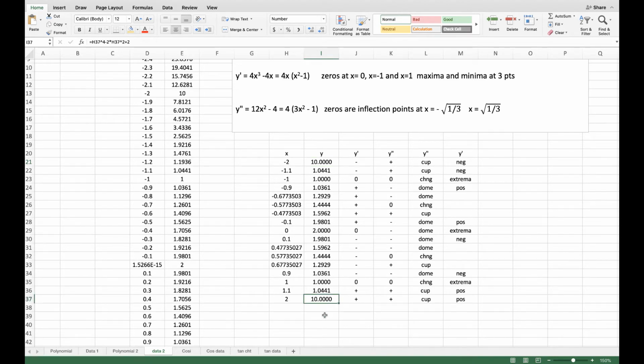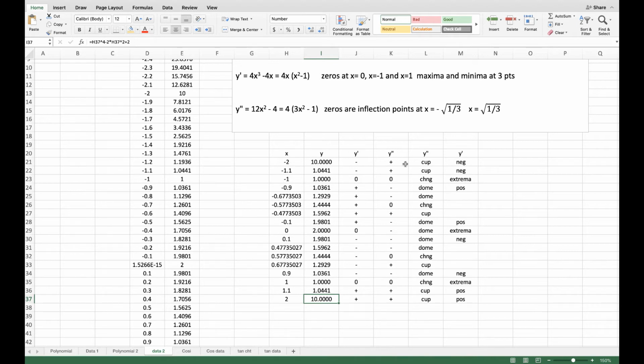So it's a very symmetrical function, and the symmetry is around the y-axis at x equals 0. So our 3 extrema are at x equals -1, x equals 0, and x equals 1. That's where we're going to have either maximums or minimums.